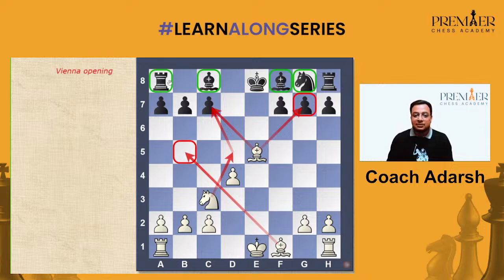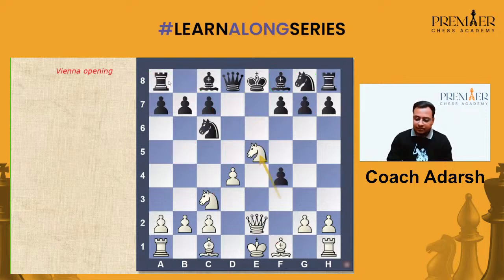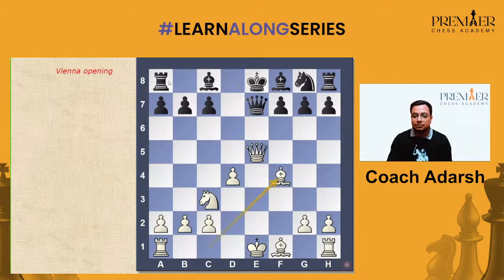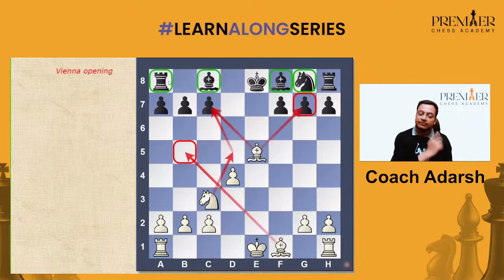But the white pieces are quite developed. They are going for the attack. And here you have to see that we can get a very excellent position if they capture the pawn. So in this position, we have understood one idea: if your opponent captures this pawn, it will not end up in a very good manner for black.